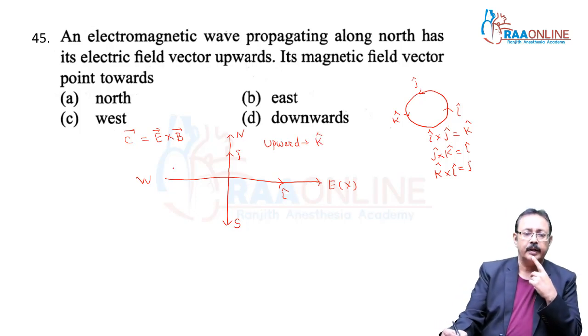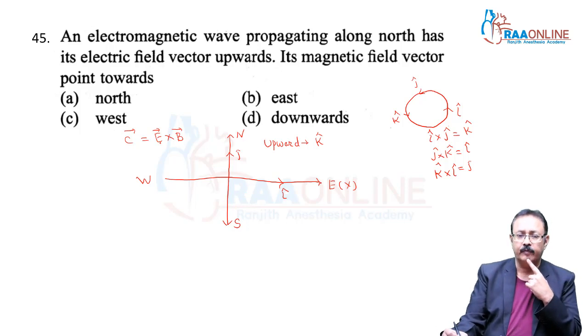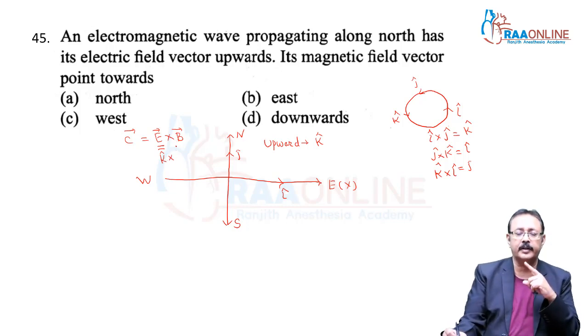Now, E cross B. What is E? Direction of E, the electric vector, is in the upward direction. Upward direction means k cross. What is the direction of B? We want to calculate the direction of B, but we know the direction of C. The electromagnetic wave is moving in the north direction.